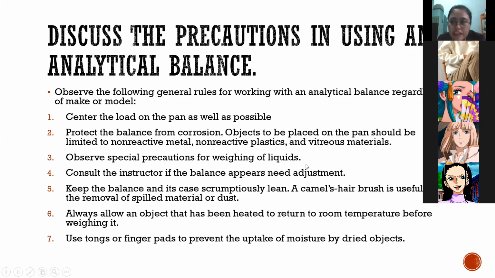And regarding the effect of temperature, we have to make sure the sample cools down if hot, or reaches room temperature if it comes from the refrigerator. Okay, and then use tongs or finger pads to prevent the uptake of moisture by dried objects. So you cannot hold the sample with your bare hands.